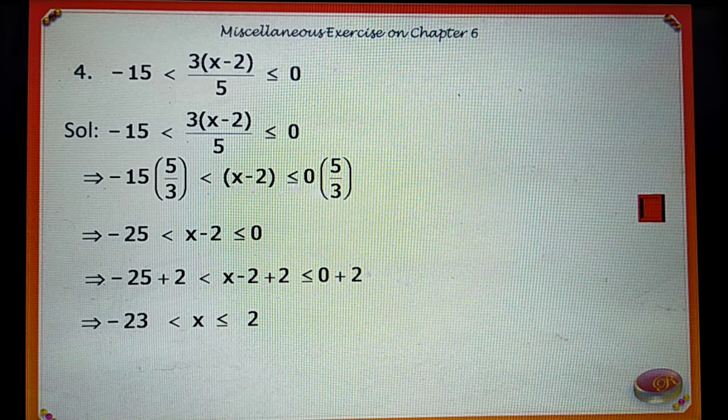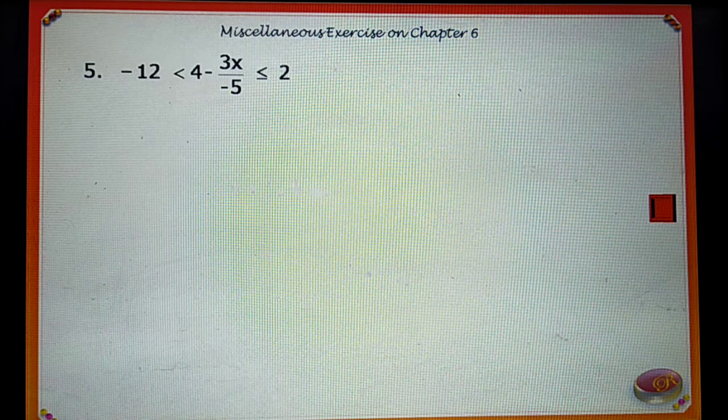Implies x belongs to open interval minus 23 to 2 including 2 but excluding minus 23. Solve minus 12 is less than 4 minus 3x by minus 5 is less than or equal to 2.